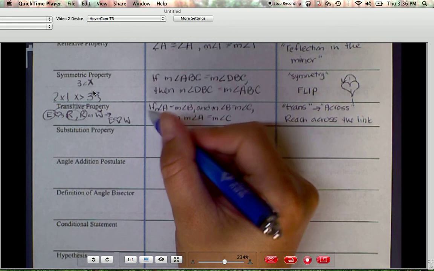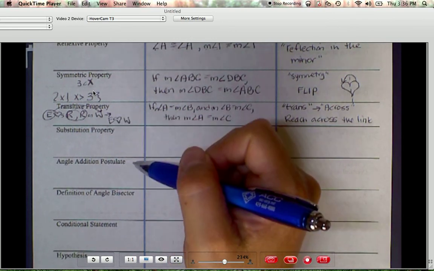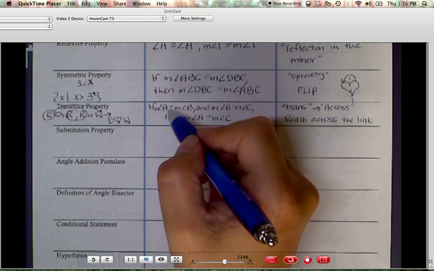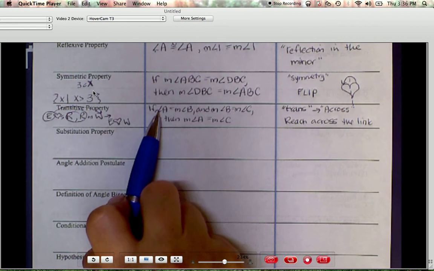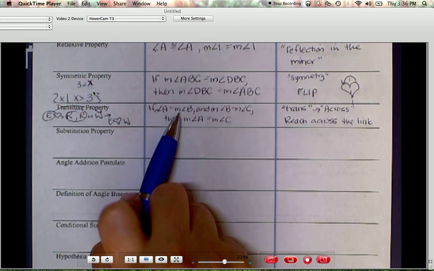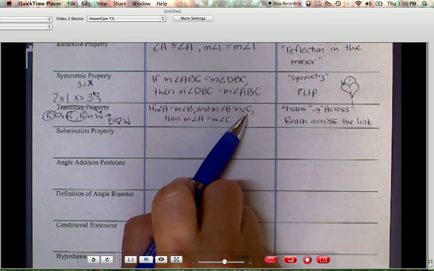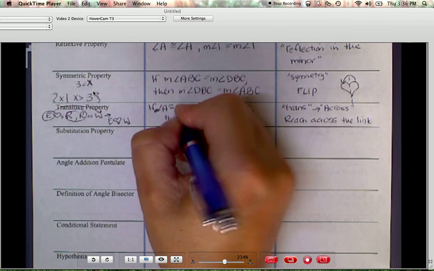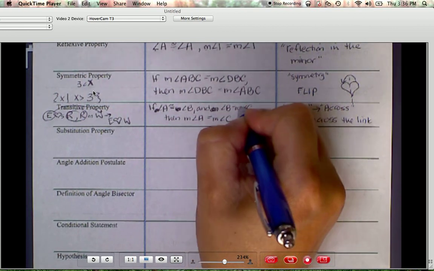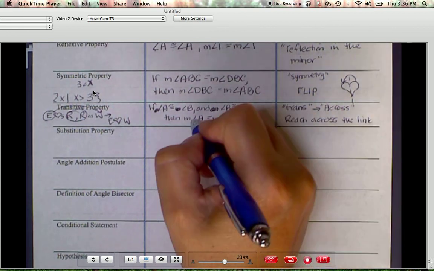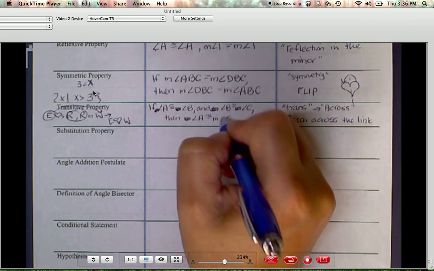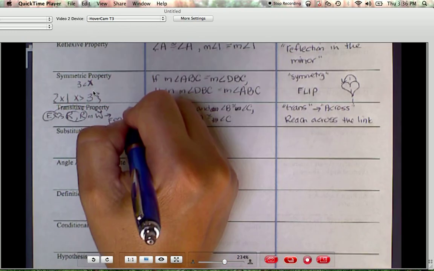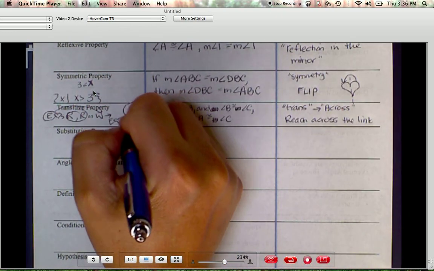So transitive is usually only congruence. I put it in equals here. But let's go ahead and change this to congruence. If angle A is congruent to angle B, if angle B is congruent to angle C, then angle A is congruent to angle C. All right, so let's save transitive for congruence only.